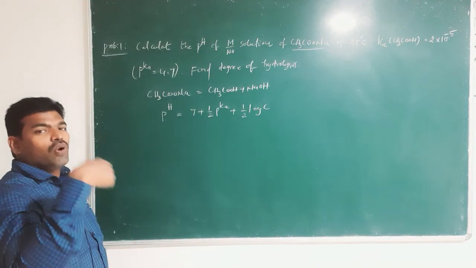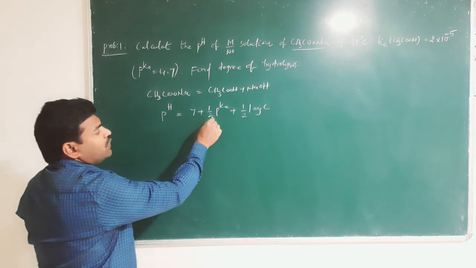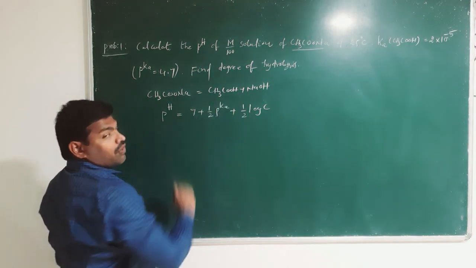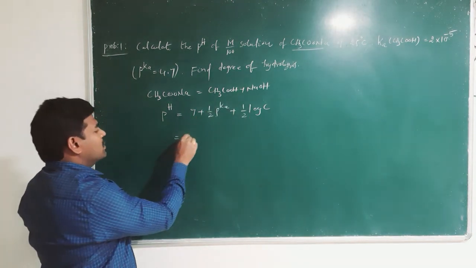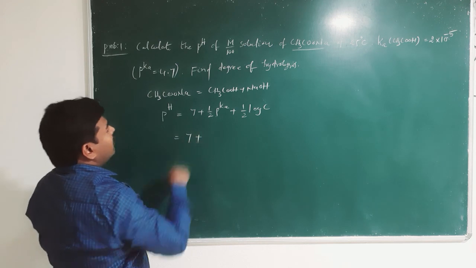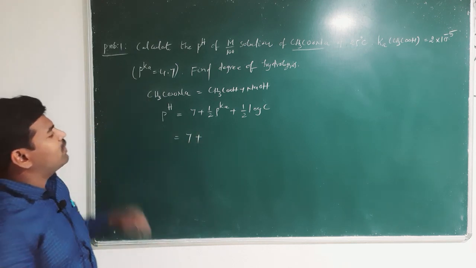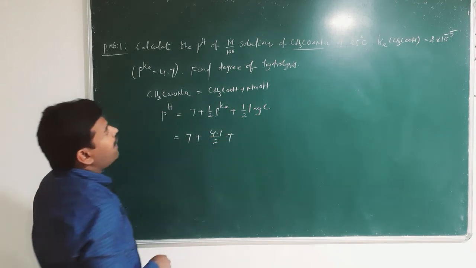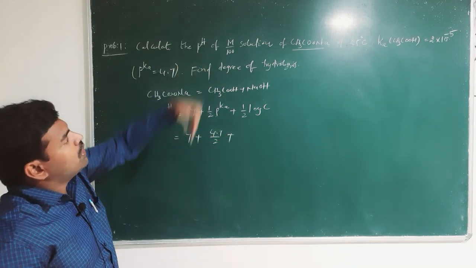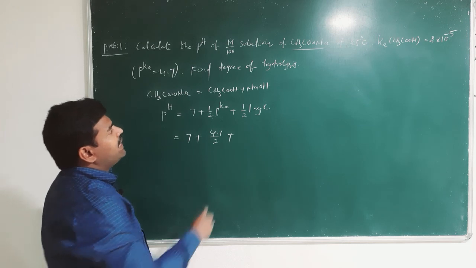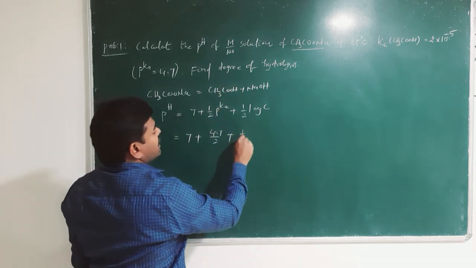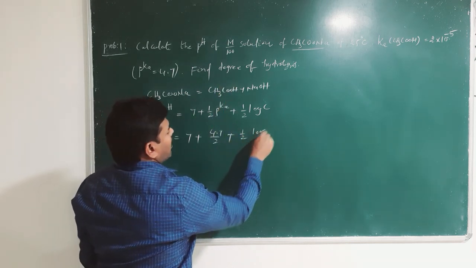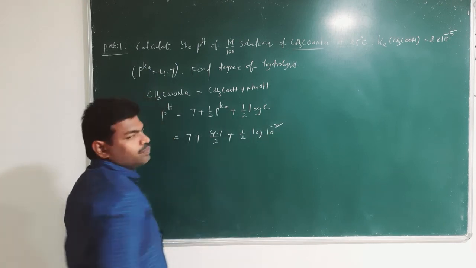So 7 plus we have the pKa value, 4.7 by 2, and we have the concentration of solution, that is M by 100, 10 power minus 2, that is log 10 power minus 2.